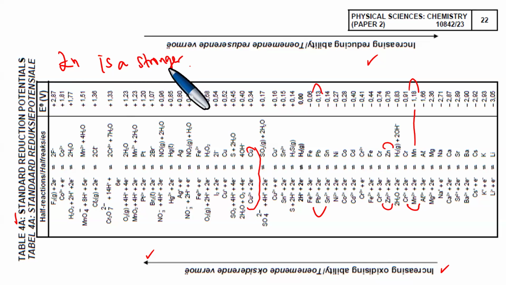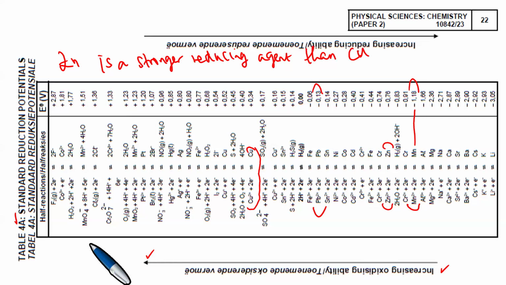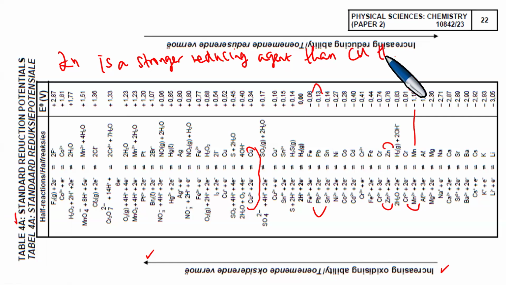Zinc is a stronger reducing agent than copper.